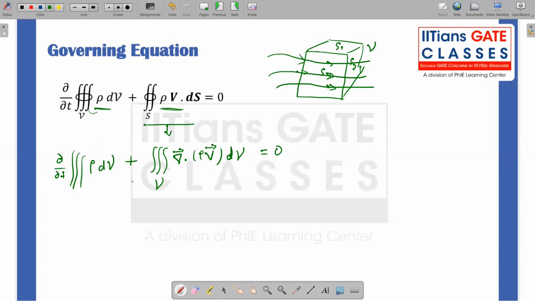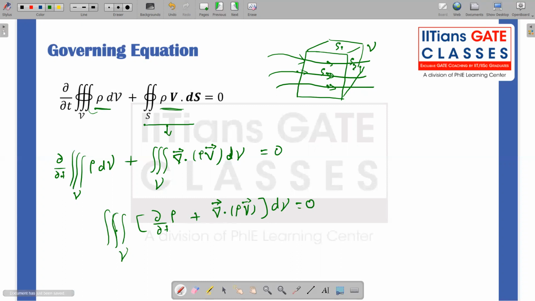Now both of the integrals are taken with respect to the infinitesimally small volume dV. So I can club those two integrands together to write a single integral equation: integral of (dou rho by dou t plus del dot rho V) dV equals 0.